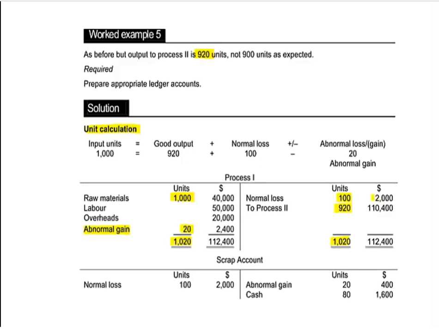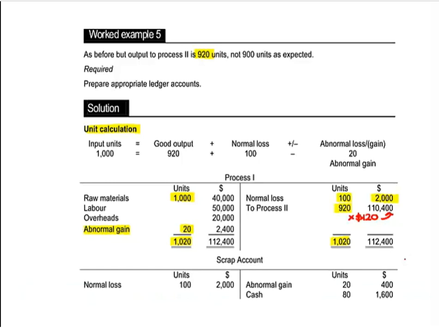The normal loss is still valued at $20 per unit, and the transfers to process 2 are still valued at the same cost per good unit, which was $120.